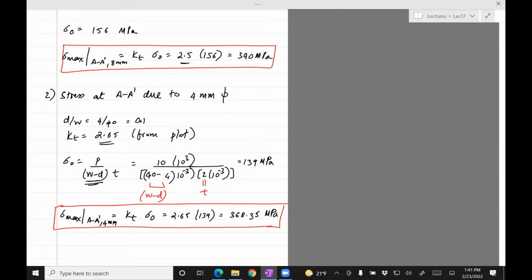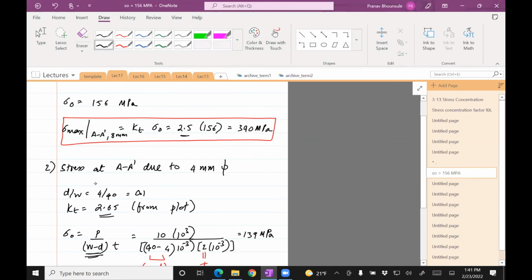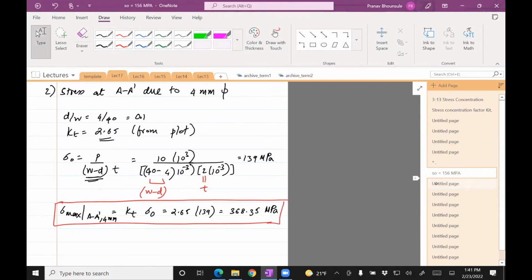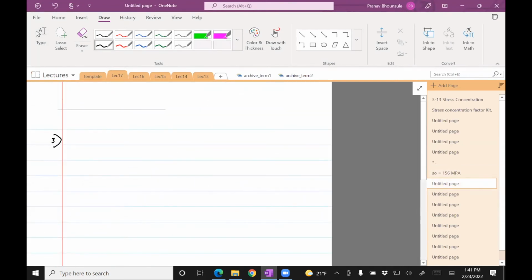Okay, so we've computed the stresses due to 1 and 2. Let's compute the stress due to the fillet.